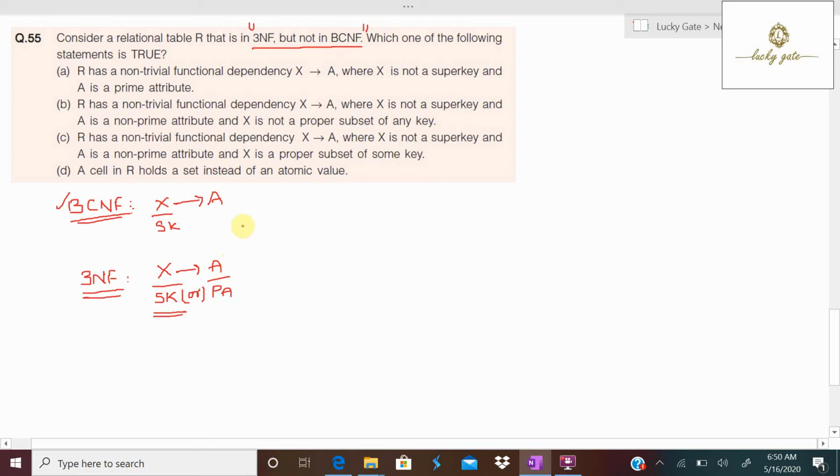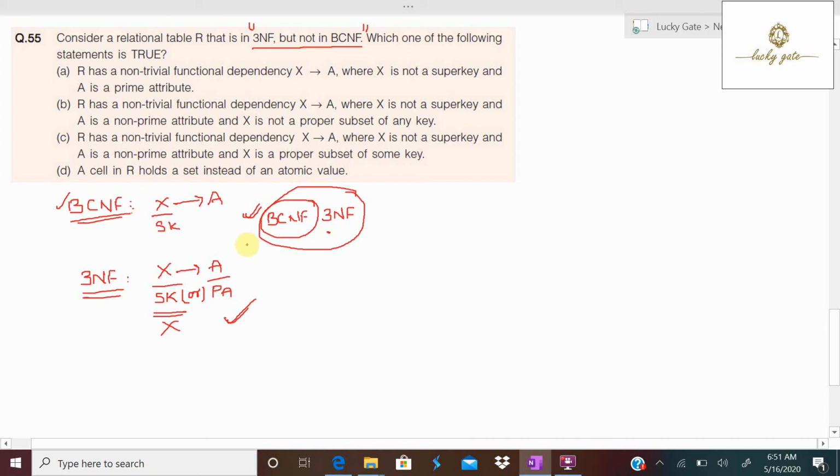If LHS is a super key, it also satisfies the definition of BCNF, meaning the relation is in BCNF. So every BCNF relation also satisfies 3NF. But if LHS is not a super key but RHS is a prime attribute, then the relation comes under 3NF but not in BCNF. Okay, keep in mind this point.